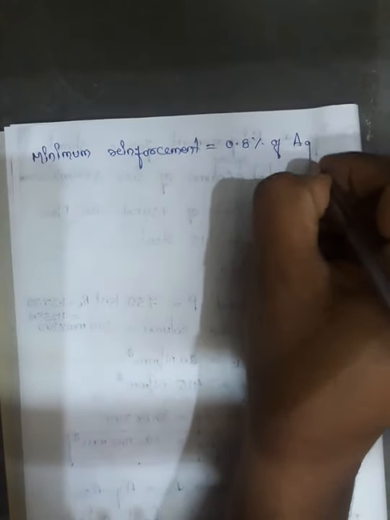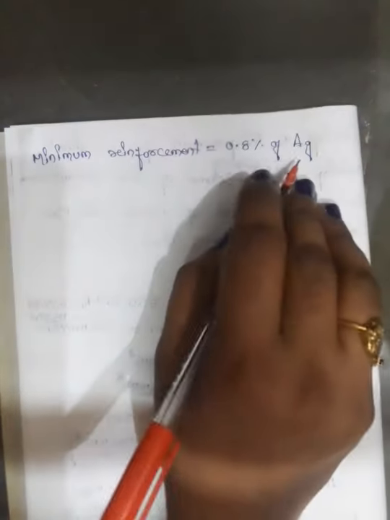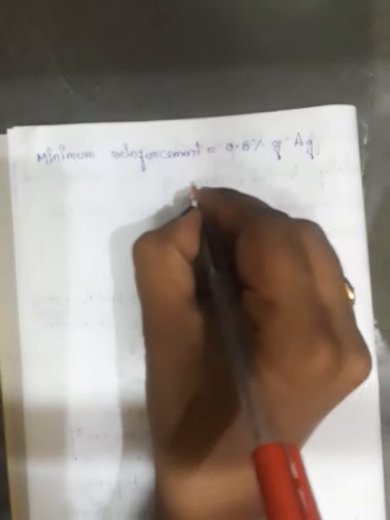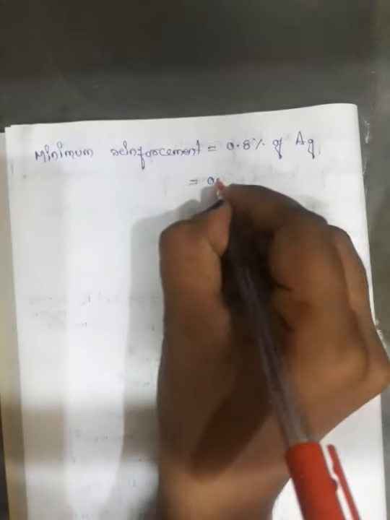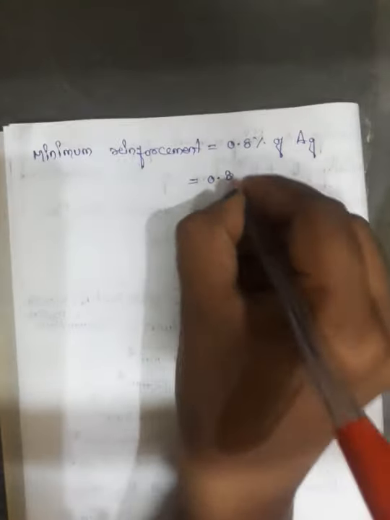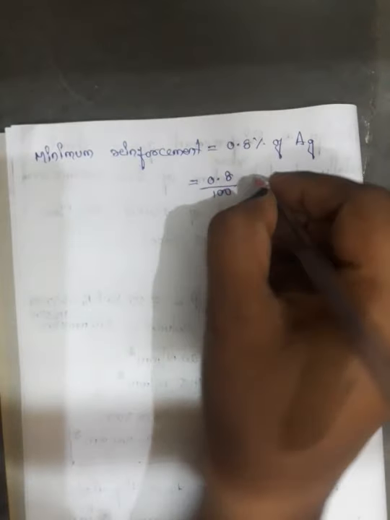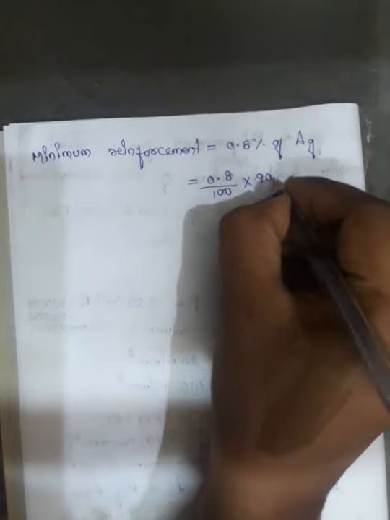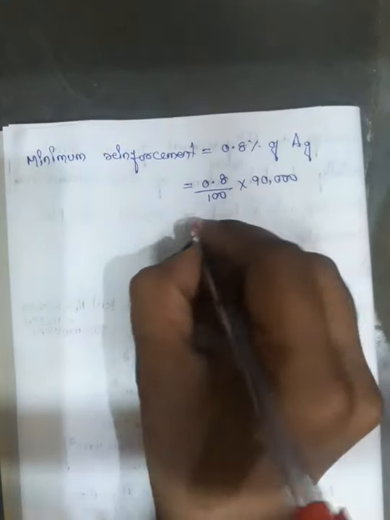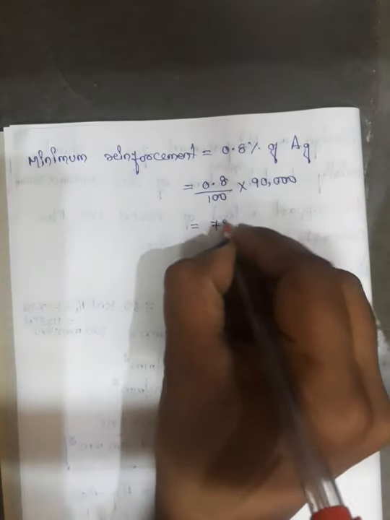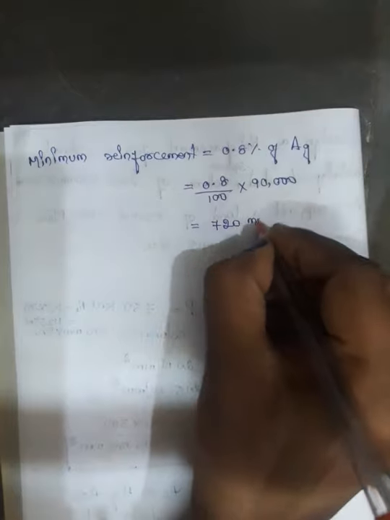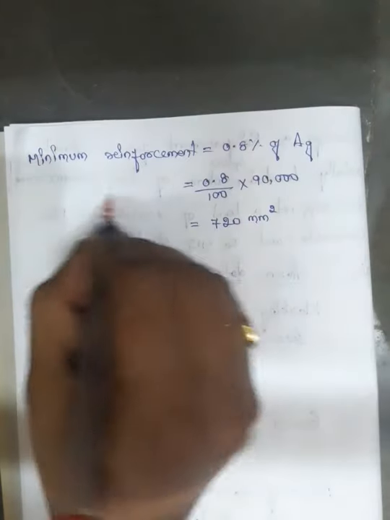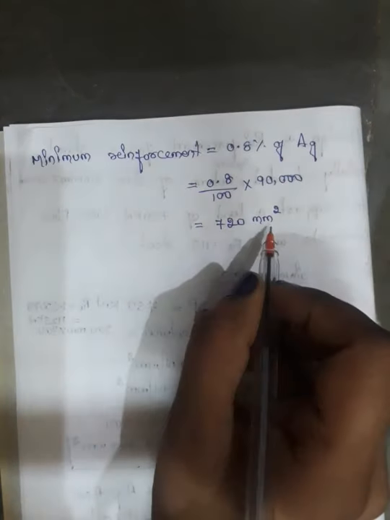So that is Ag, 0.8 percentage of gross area, which is equal to 0.8 by 100 into 90,000. So which is equals to how much? 720 mm square. So minimum reinforcement required is 720 mm square.